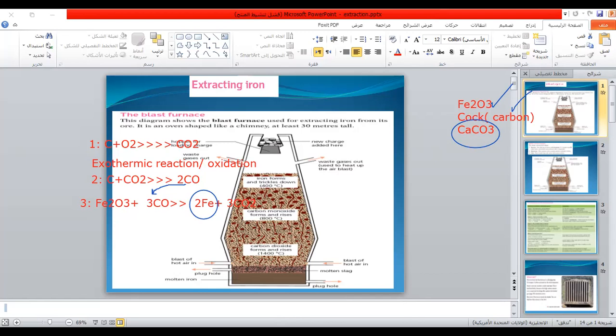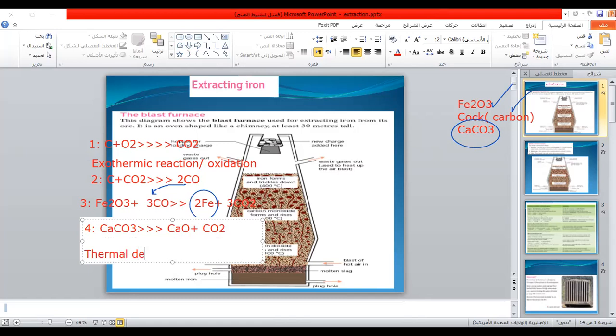Why do you add CaCO3? I can say here in equation number 4, CaCO3 by heating, because the blast furnace is very hot, will form CaO and CO2, and this is a thermal decomposition reaction.